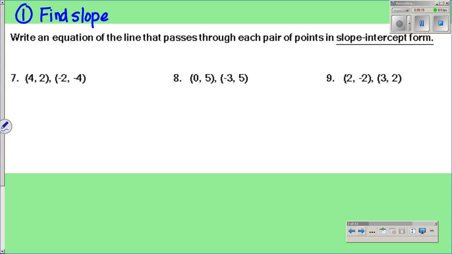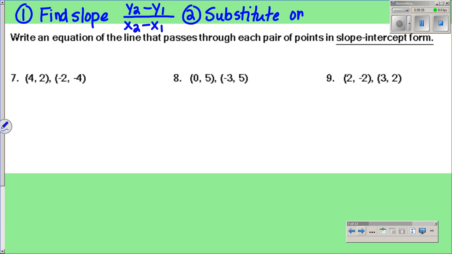And just to remind you, your slope formula, you're going to take the second y-coordinate, so y2 minus y1 over x2 minus x1. And then step 2, we will substitute one of our points and the slope into our point slope form.